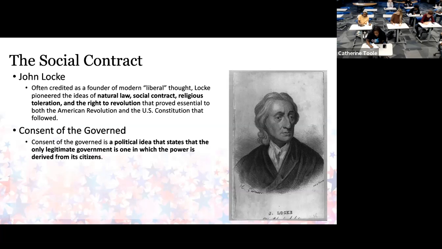The consent of the governed is a political idea that states that the only legitimate government is one in which power is derived from the citizens. So this idea of the social contract started way back in the 1600s, is a very foundational idea for our government. And if you were going to pass this test, you should probably at least have a general understanding of what that term means.